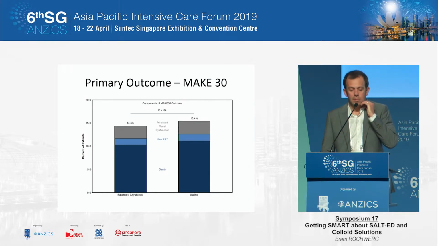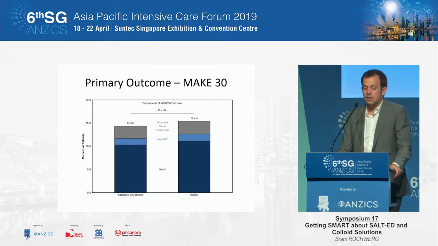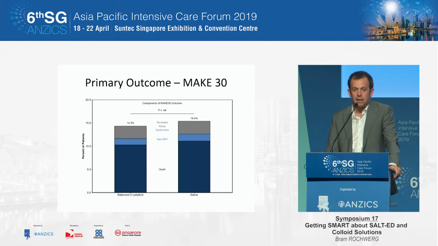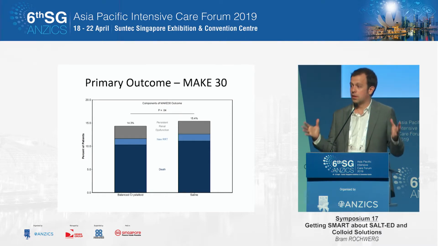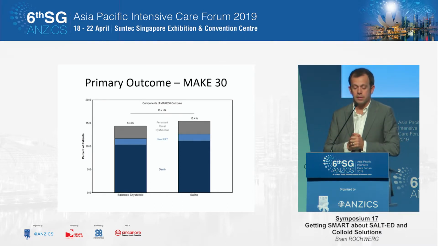The primary outcome in SMART was a statistically significant reduction in the balanced crystalloid arm. Again, this is in the composite outcome, and you can see a p-value of 0.04, which was borderline in terms of benefit. And when you looked at the individual components of the composite, none of them were statistically significant, but when you put them together for the composite, it was.